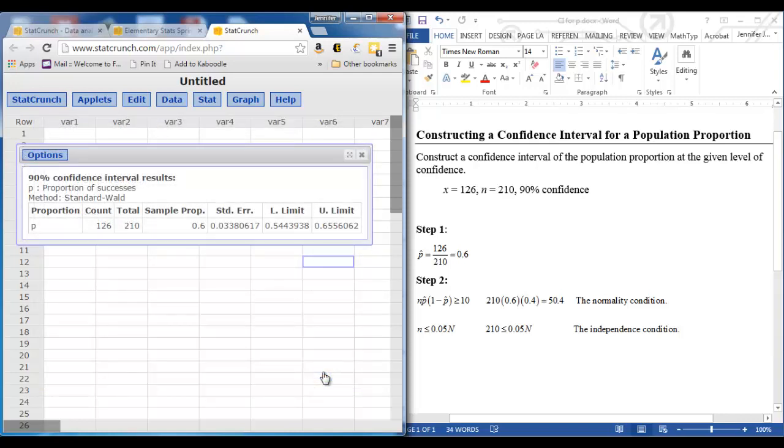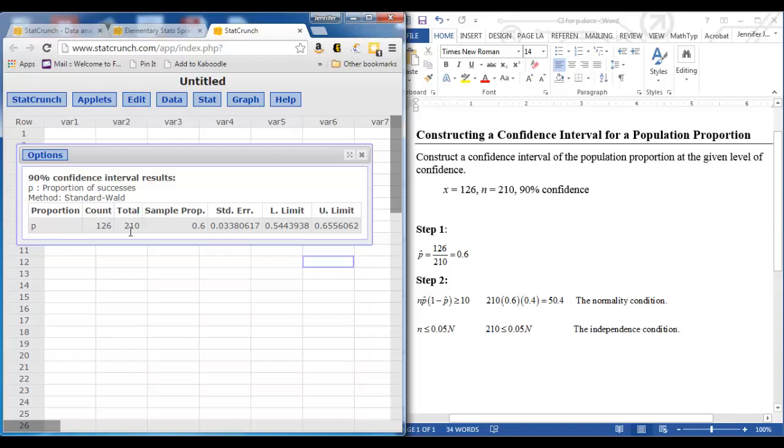There are several things we want to note in our results dialog box here. It does tell us that we have computed a 90% confidence interval for a proportion p. Our count was 126 out of 210, so that just verifies we entered the right information. If we were doing this with data, then this would be a quick way to get our count.